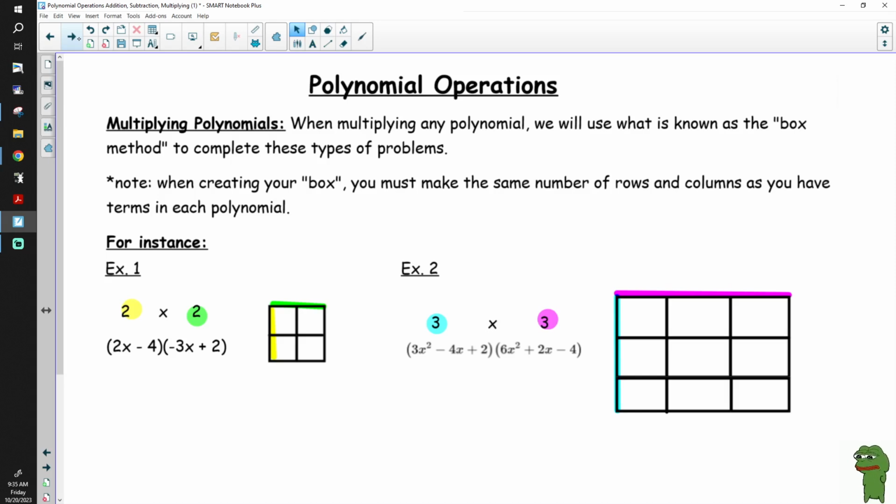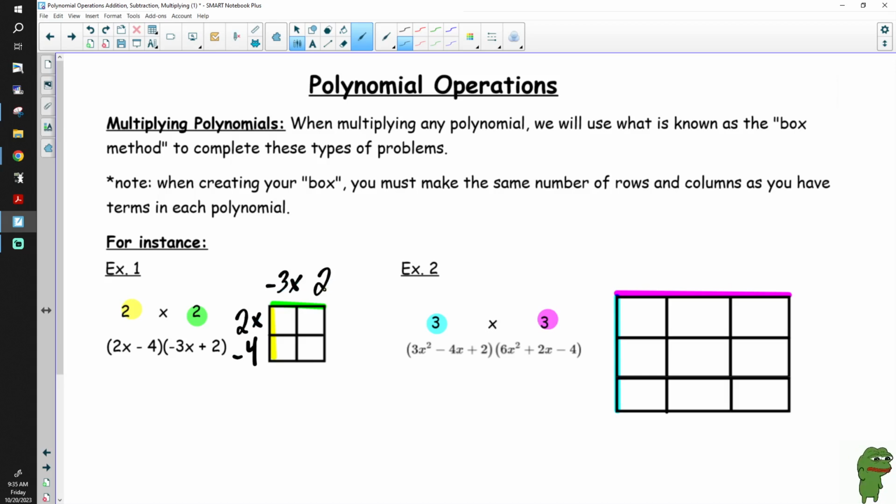In example 1, we have 2 terms times another 2 terms. So our box is 2 by 2. You see how they match? That way, if I wrote my terms on the side, everything would have its own box.